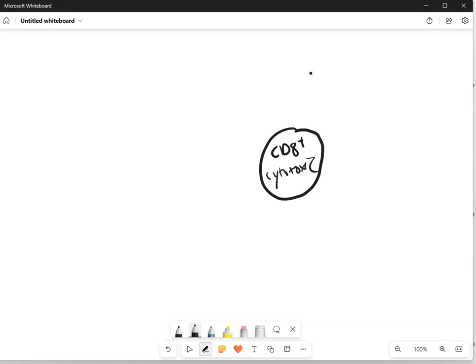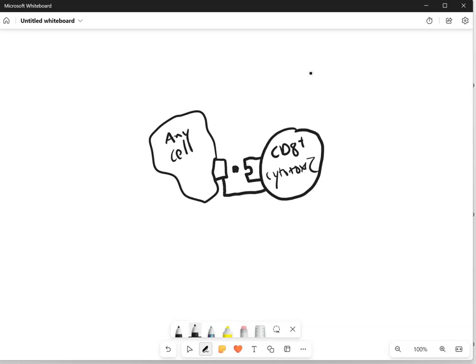Cytotoxic. And it's going to look with its T cell receptor at antigens presented to it by any nucleated cell. Basically any cell is going to display some antigen. And the cytotoxic T cell is going to look at that MHC. It's going to align it using the CD8 coreceptor, and that is MHC1.